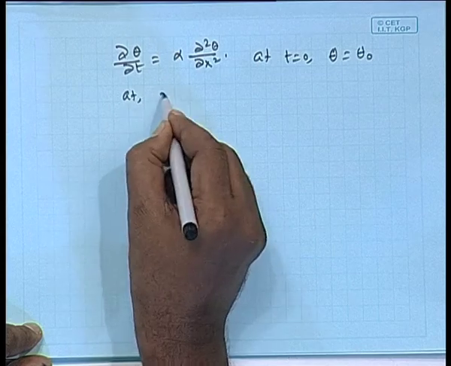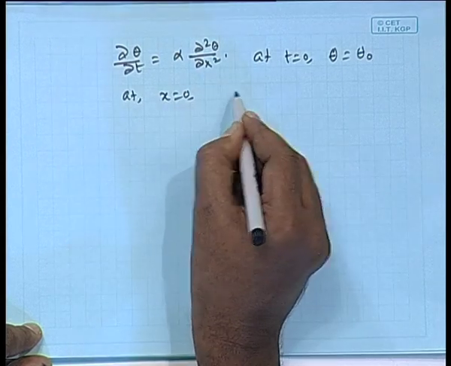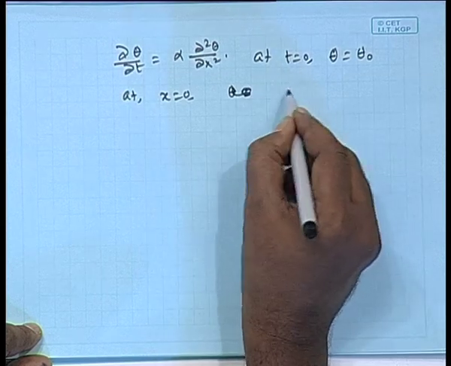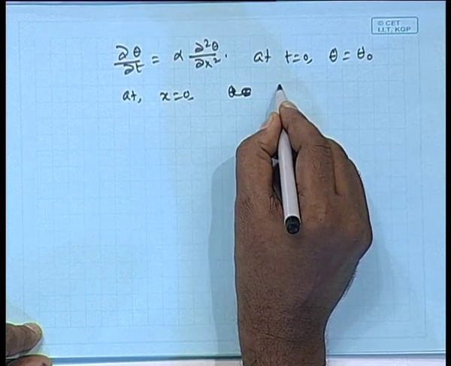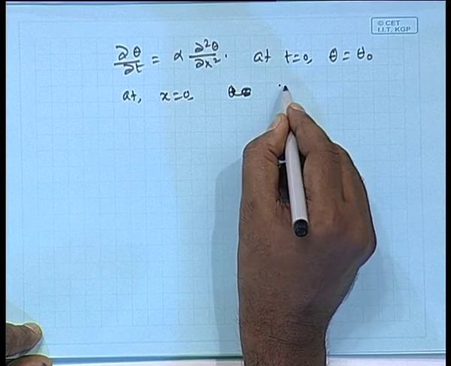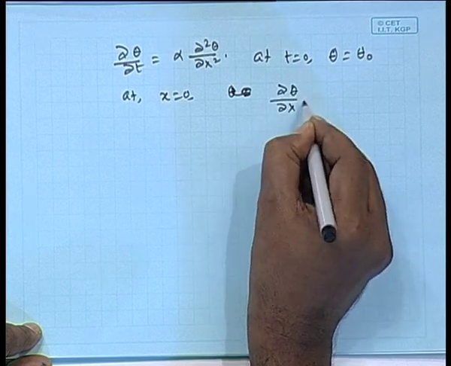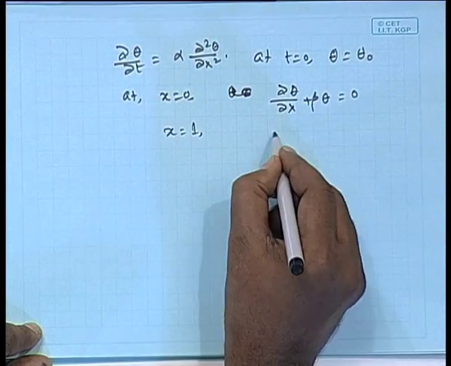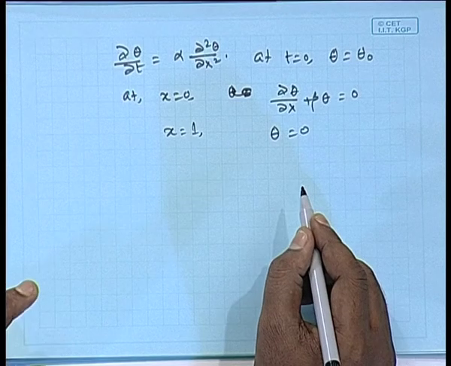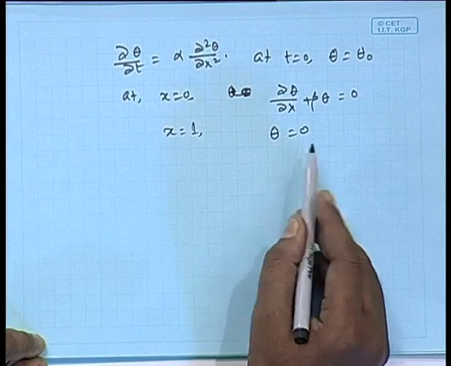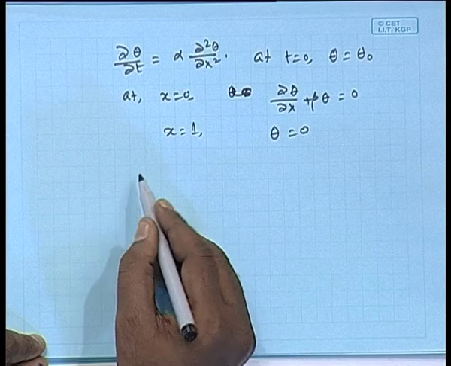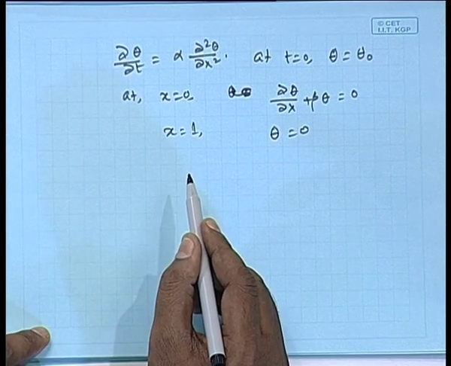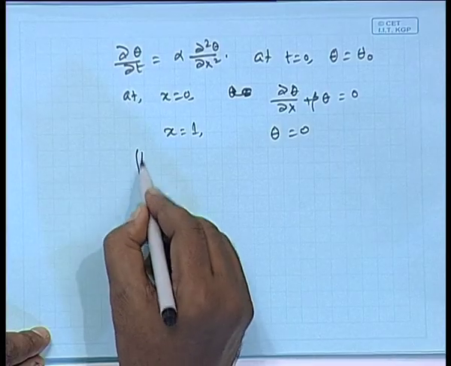At any t at x equal to 0, it is basically mixed condition. So, del theta del x plus beta theta is equal to 0, and at x equal to 1 you are having theta equal to 0. Okay. Now, if you start with this, then you will be facing a problem to evaluate the eigenvalues and eigenfunctions.